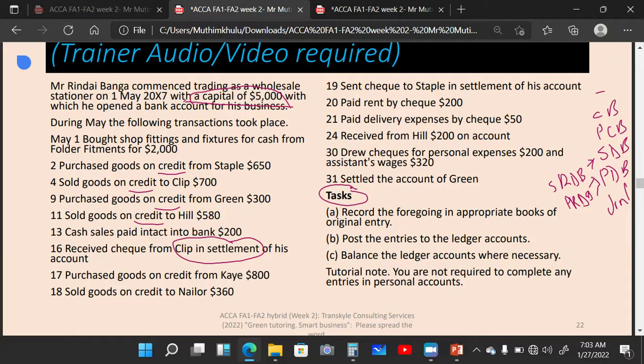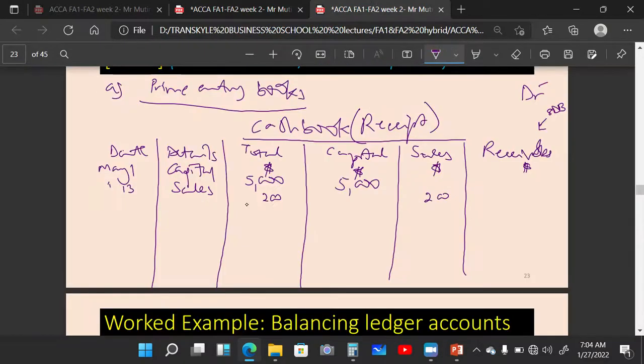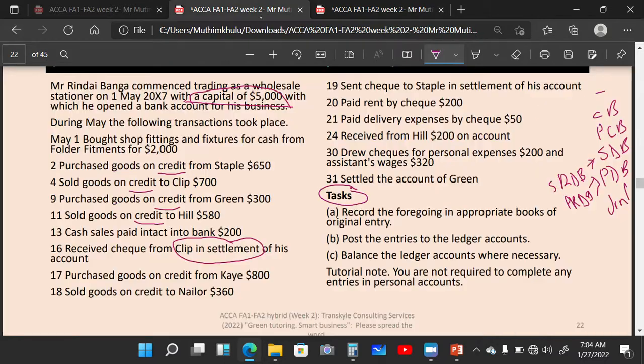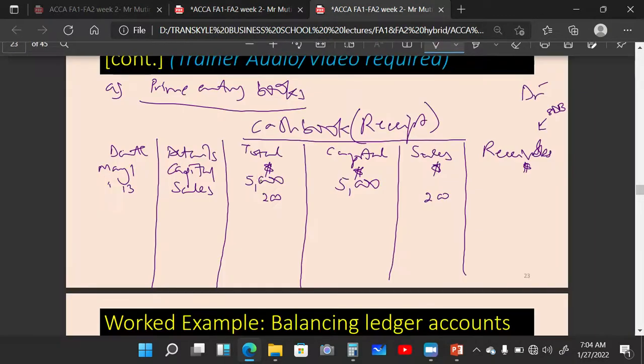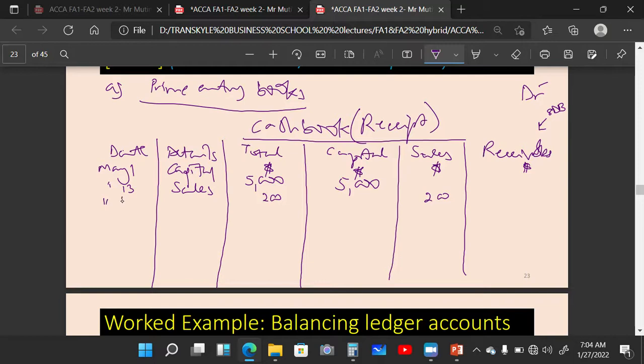But because checks are also money, we have to record that transaction in the cash book. So we go to our cash book receipt side and say, what was the date? The date was May 16.